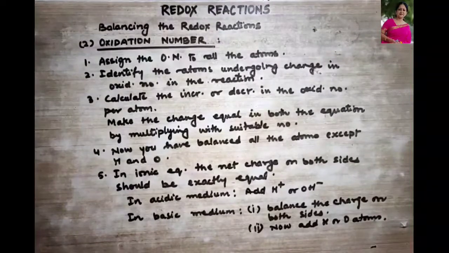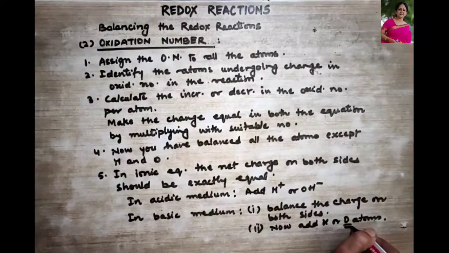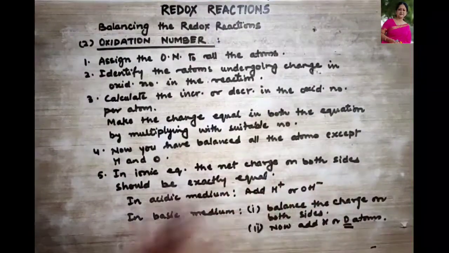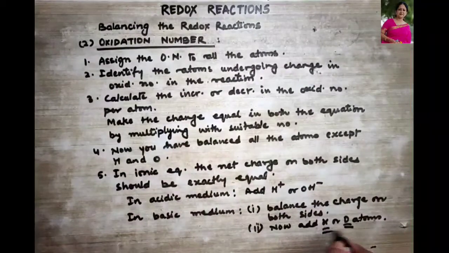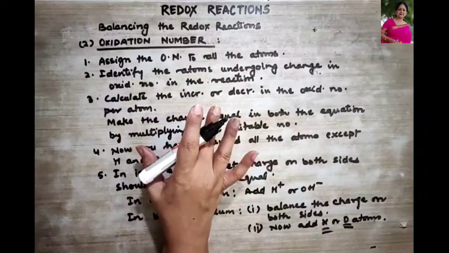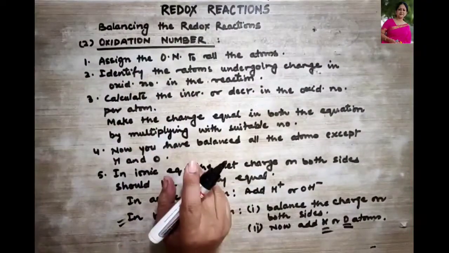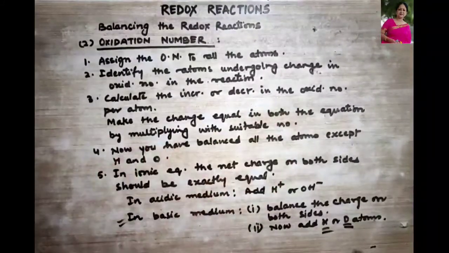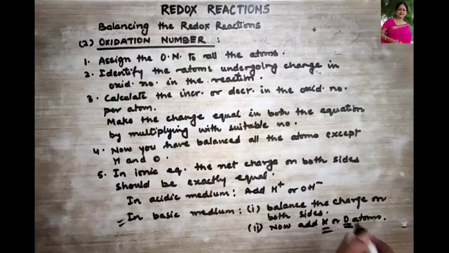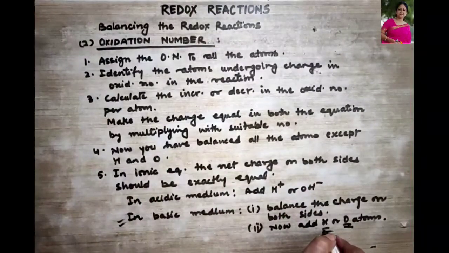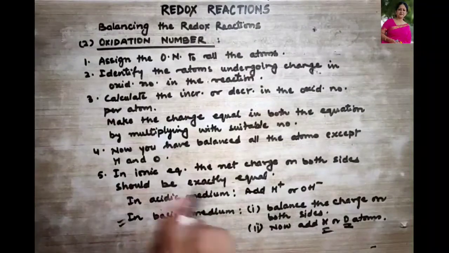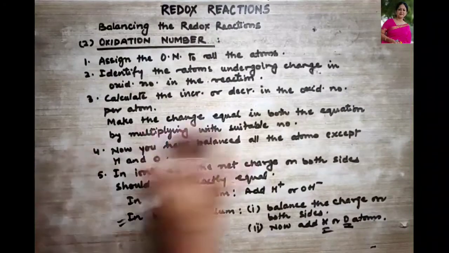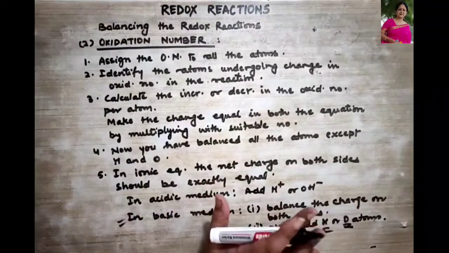Basically, over here you need to add oxygen atoms. Once you add oxygen atoms, you will find that your equation already gets balanced and your hydrogen is also balanced in the equation. In fact, in the basic medium, at the end, if your hydrogen is balanced with balancing oxygen, automatically your hydrogen gets balanced. So if your hydrogen is balanced on both the sides, it means your equation is well balanced.